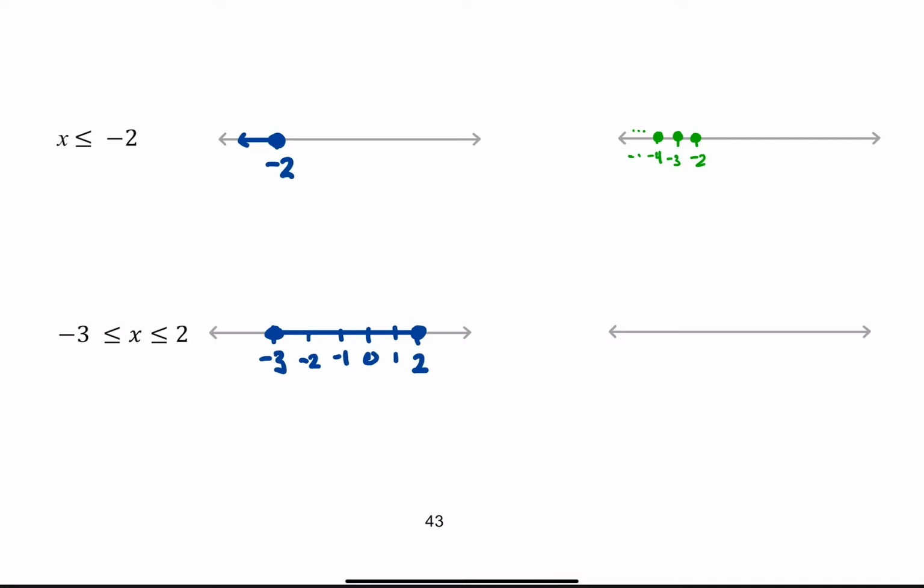And then lastly, we had -3, -2, -1, 0, 1, and 2. And the integers that satisfy that are just the whole numbers, negative or positive or 0.